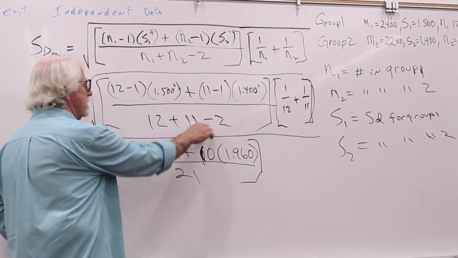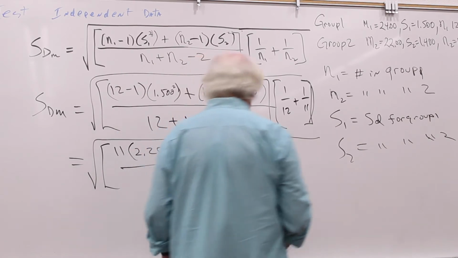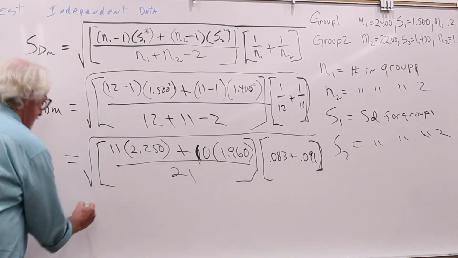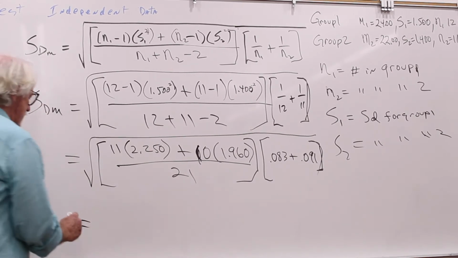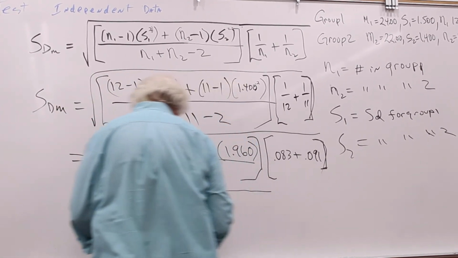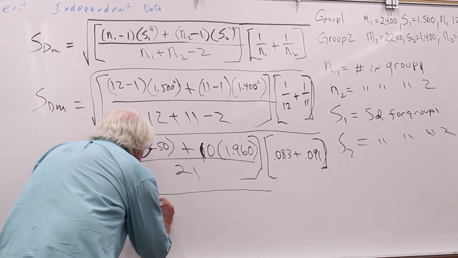All right, 12 plus 11 minus 2 is 21. All right. I am going to have to move away. I'm going to stay here as long as I can. Now, we're at 24.75.